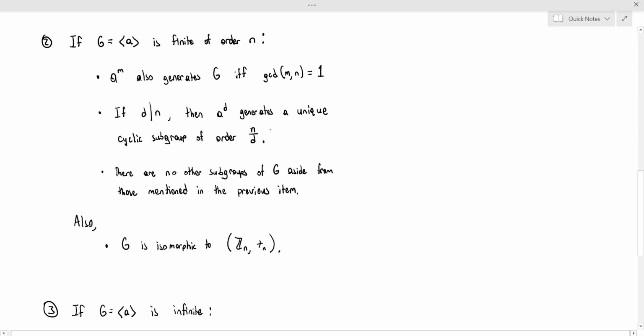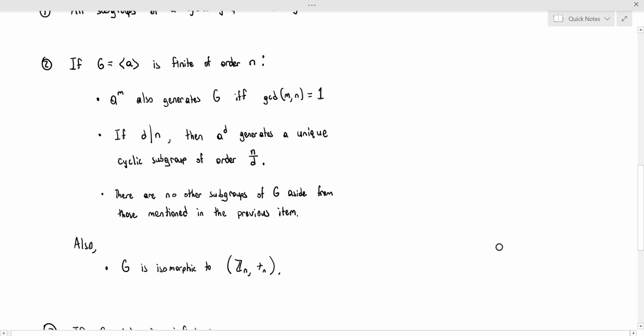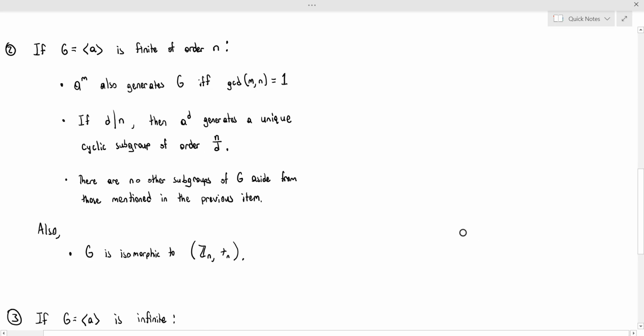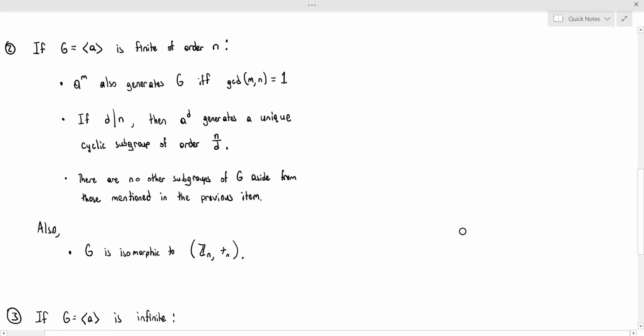So you maybe don't fully understand what I just said, so let me try to illustrate by looking at the example that we saw earlier, the rotational symmetries of a regular hexagon.